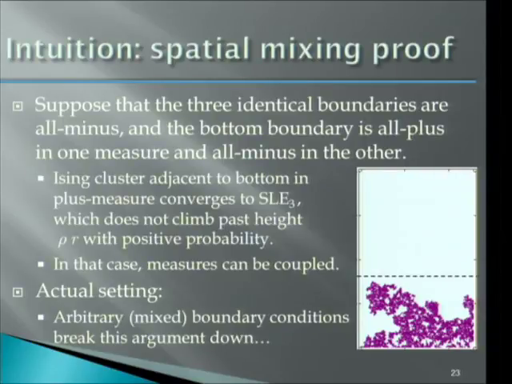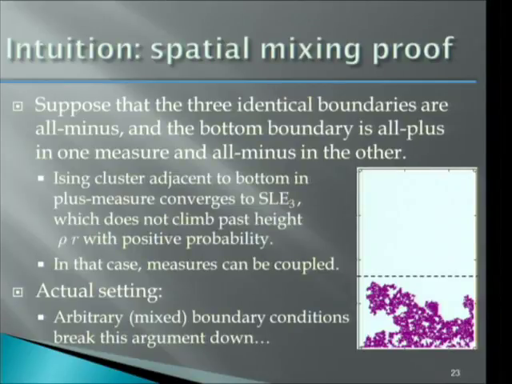Let's look at the plus chain and look at its component of plus that's touching the bottom. We know, by things that I did not have time to define, that this looks like SLE. Even though I didn't define it, think of a two-dimensional Brownian motion. If you select any tube, it has positive probability of not exiting this tube.